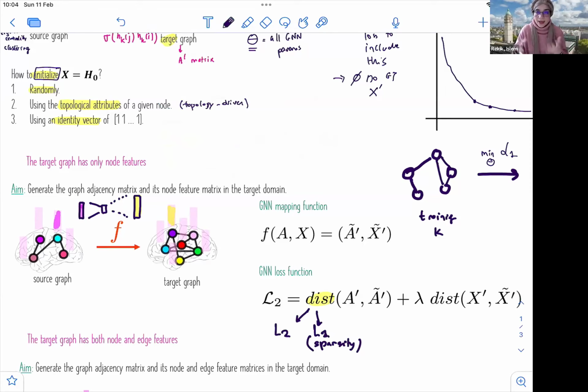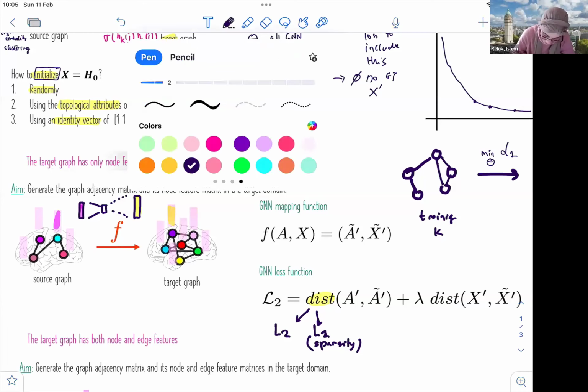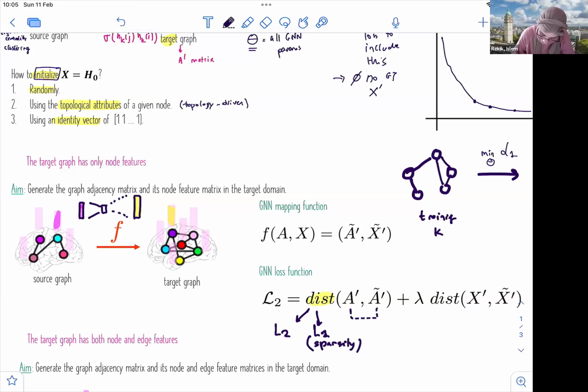If we add regularization, of course, we want to sparsify them, but this means that we're using different distances. We can use different types of distances to compare the similarity between A prime and the predicted A prime tilde. All right, and then we do the same for these. So we want to compare how close these are, and this will define our loss that we want to optimize.